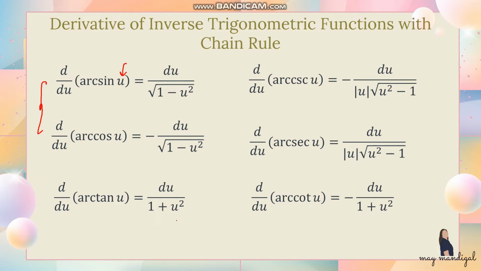Arc tan and arc cotangent are still the same, but again we have du over 1 plus u squared, and these last two as well. All of the variable x from the previous formulas, we just replace with u, our inner function. You have to identify it in your inverse trigonometric function, and all the numerators will become du, which means you have to get the derivative of u.